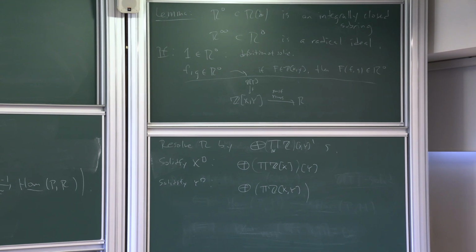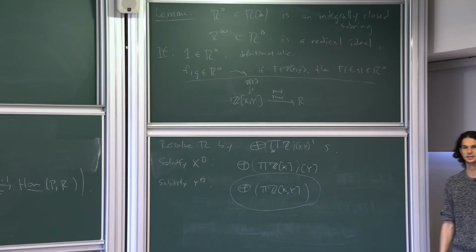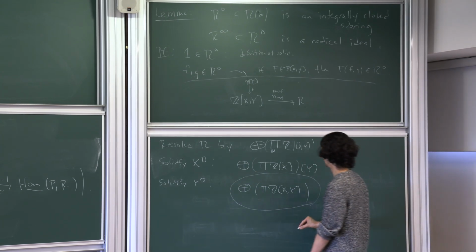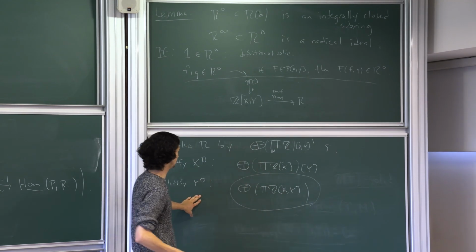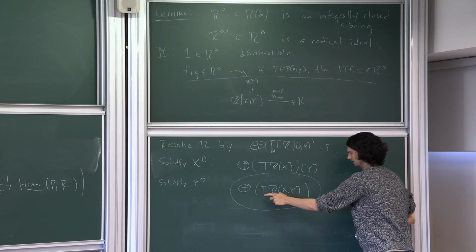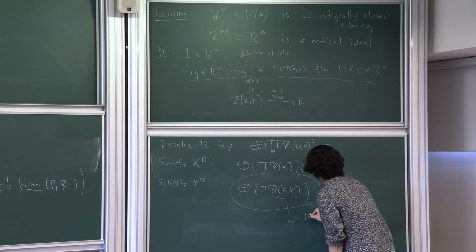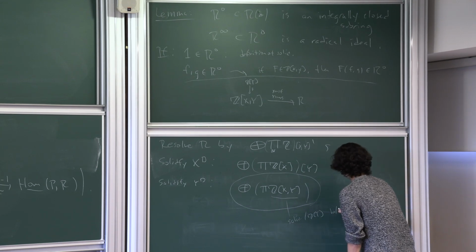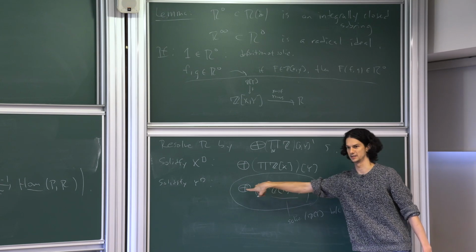So in total, we see that R can be resolved by these. But each of these is clearly solid over Z[T] because it's a colimit of limits of things which are solid over Z[T]. This is solid over Z[T] because it's discrete, and then this is a product, and that's a direct sum.